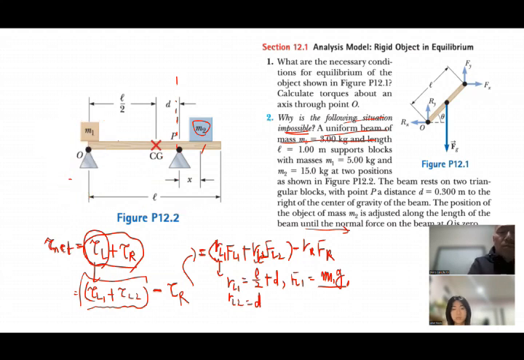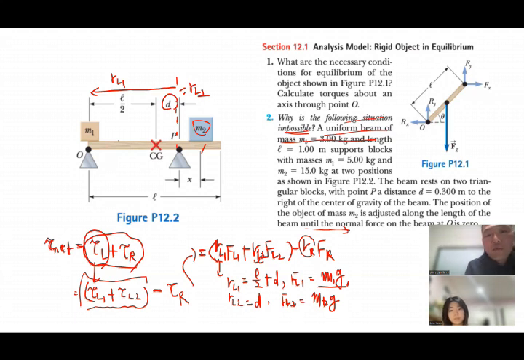This one is R_L2, and from here to here is R_L1, and the X itself is R, the distance on the right-hand side. F_L2 is M_B g, the weight of this beam at its center of mass.